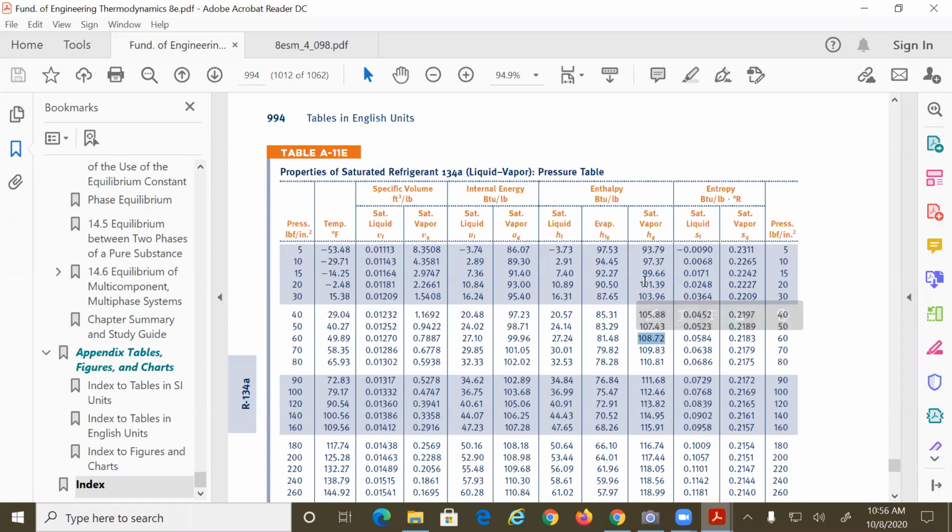So from table A11E at P equals 60, H5 equal to H gas equal to 108.72 BTU per lb.